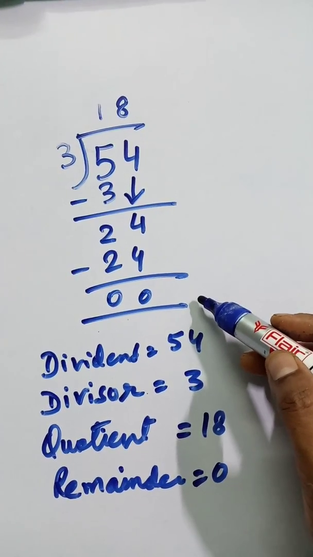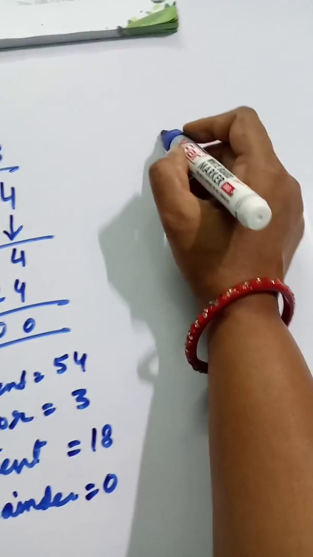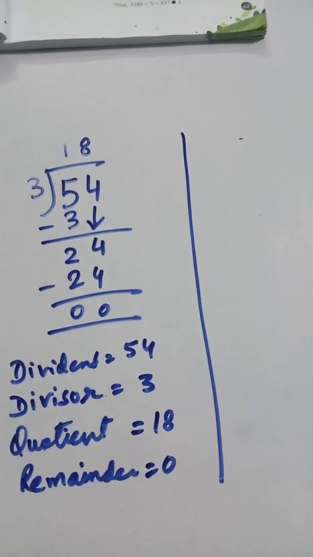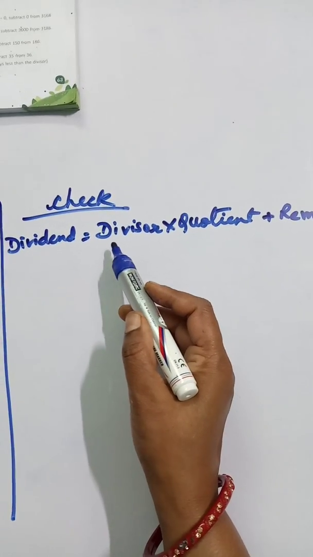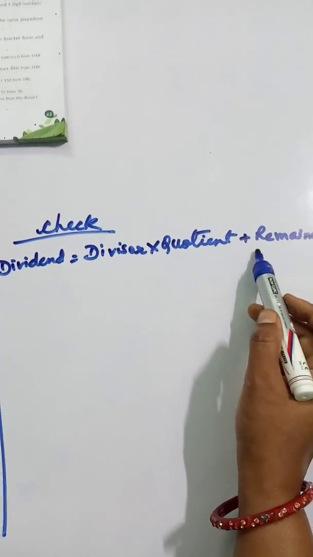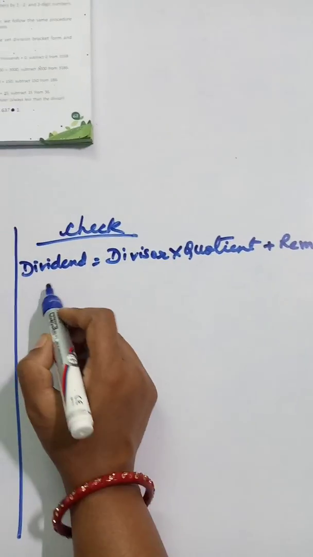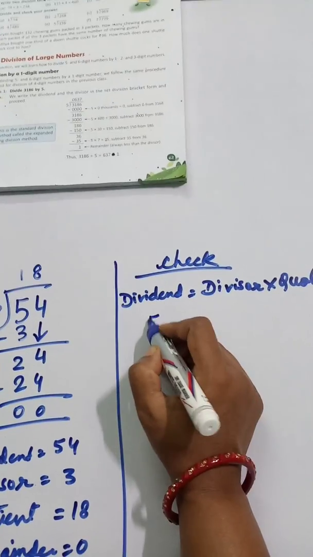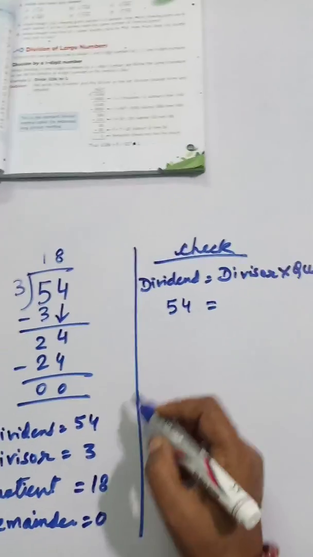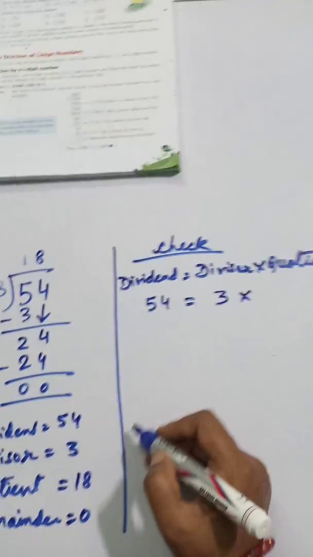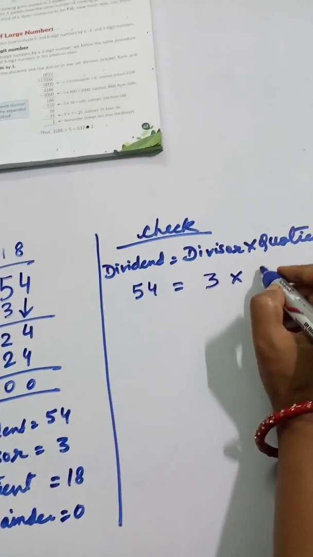Now children, you have to check your division. So do the checking here. Divide your page in 2 parts. Children, as you know, the formula for checking the division is dividend equals divisor into quotient plus remainder. So children, what is your dividend? Look here. Dividend is 54. So you write here 54. Now what is your divisor, children? That is 3. Write here 3 multiplied by the quotient, 18.